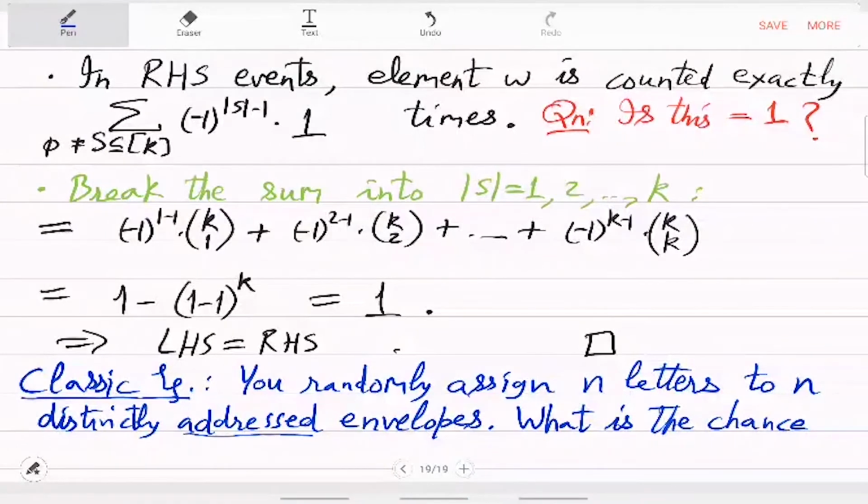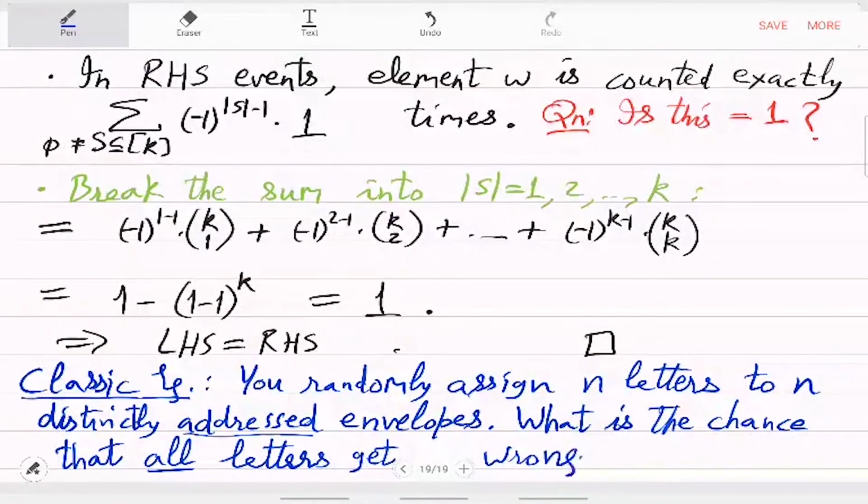What is the chance that all letters get wrongly delivered? Okay, so this is a very interesting, very old example. It's a classical example. If you try to do this directly, it seems pretty hard, right?